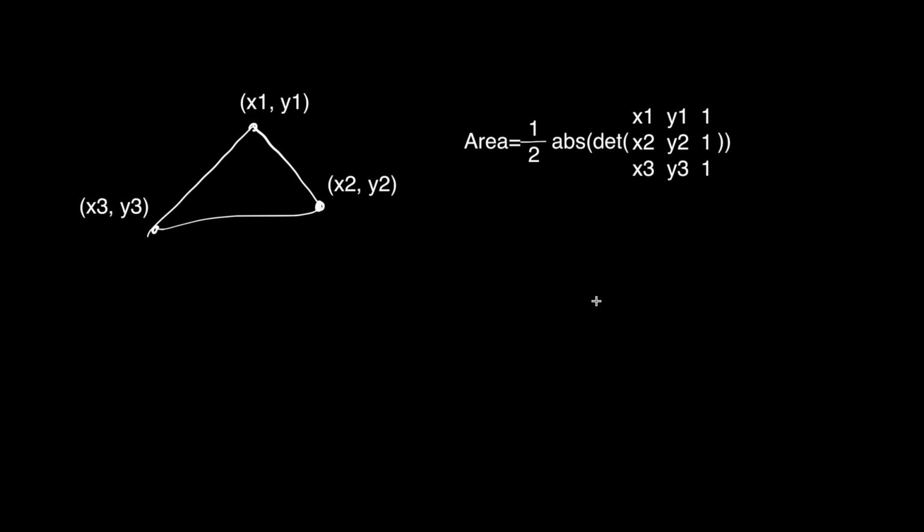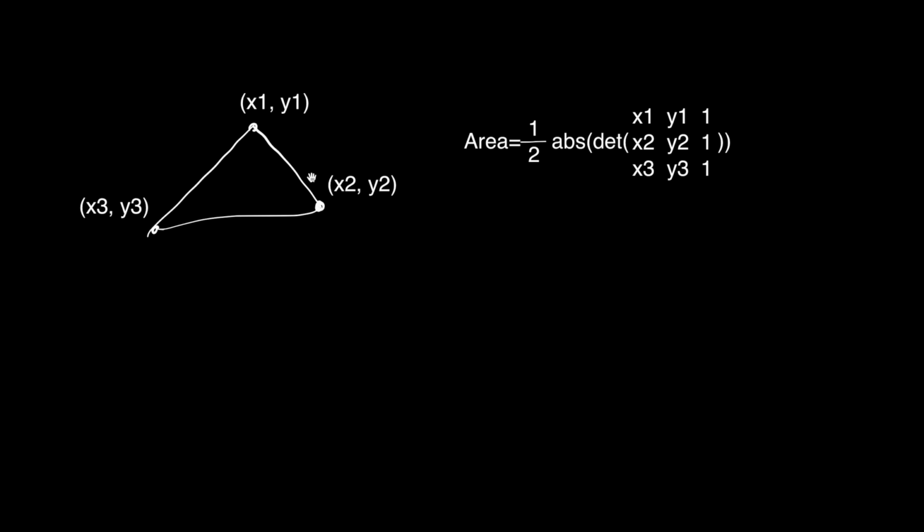But anyways, what we first need to know are the coordinates of the triangle. And so let's say it was x1, y1, x2, y2, and x3, y3. And for a triangle, the order in which you label it, like 1, 2, 3, doesn't actually matter.